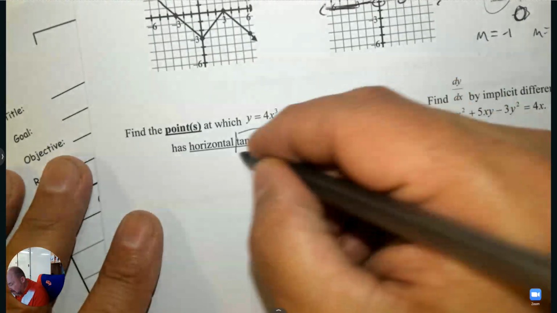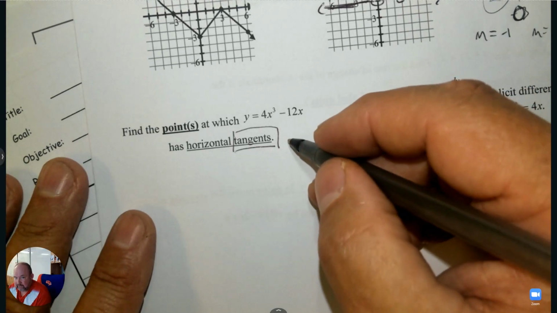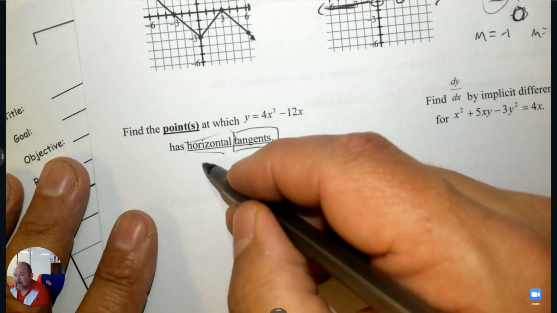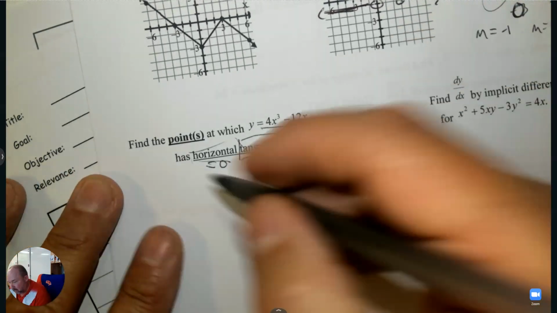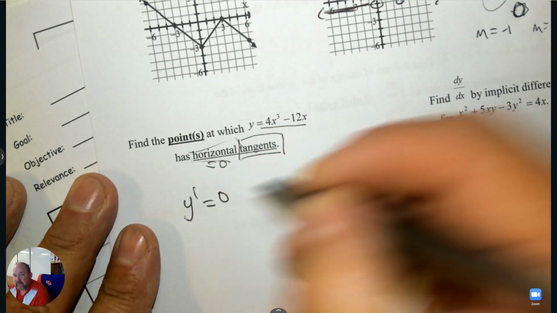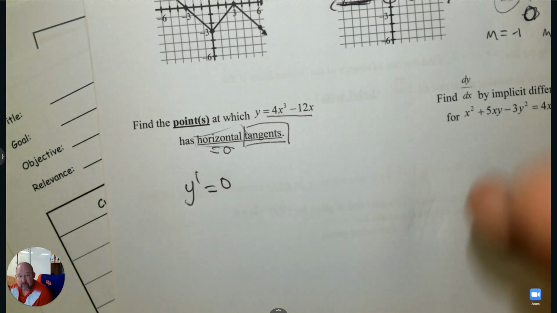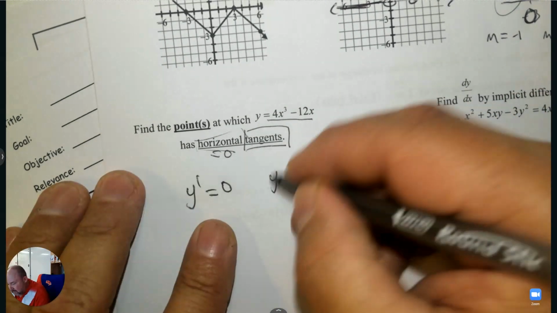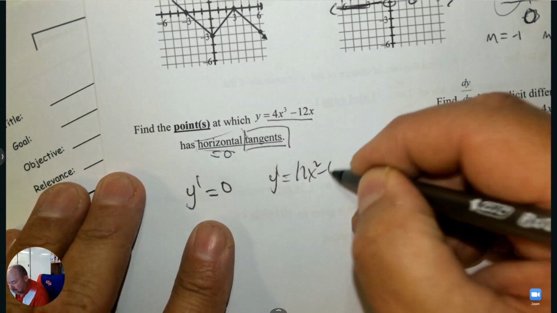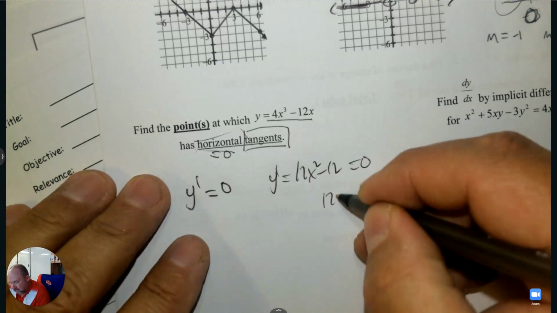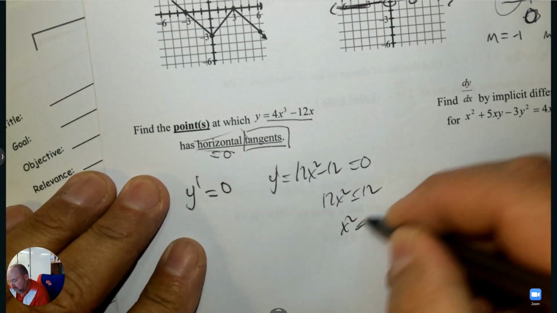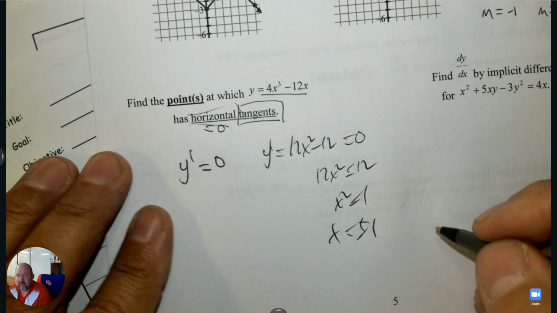All right, horizontal tangents. If I see the word tangent, that means derivative. If I see horizontal, that means the slope is equal to 0. So what's the derivative? Take the derivative, set it equal to 0, and then solve it. So the derivative first is 12x squared minus 12 equal to 0, and solve it. So I get two answers, positive and negative 1.